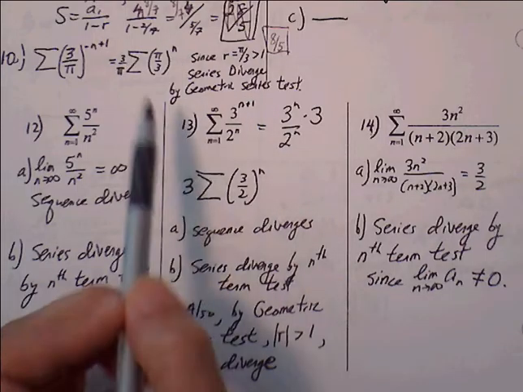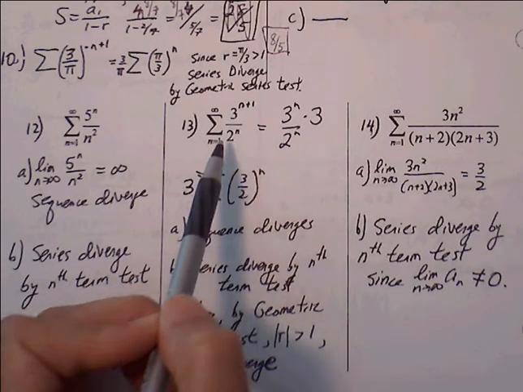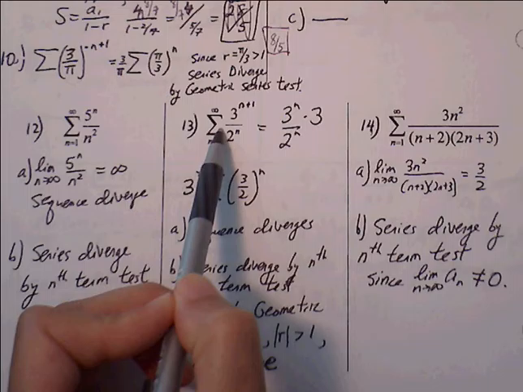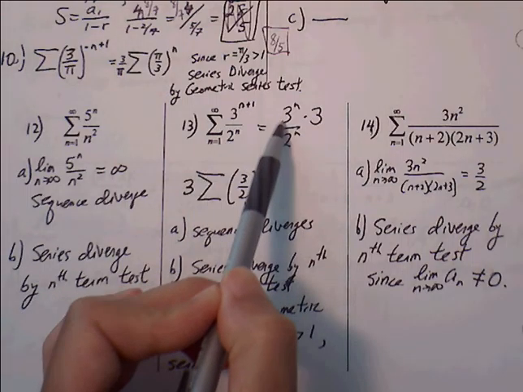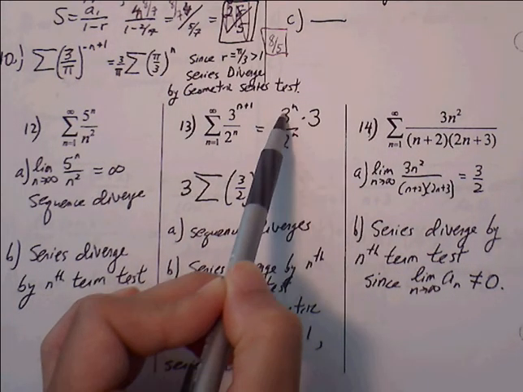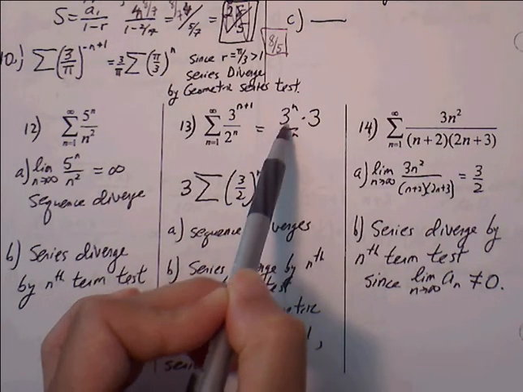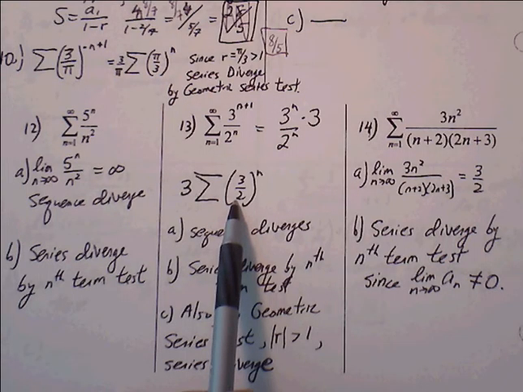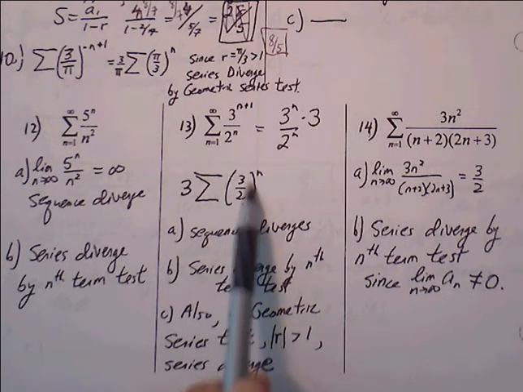Number 13, we have 3 to the n plus 1 over 2 to the n. I can expand the 3 to the n plus 1 as 3 to the n times 3 to the first power. I can put this as 3 over 2 raised to the nth power, and factor out the 3. Now notice that this is in the form of a geometric series that diverges because we have a ratio greater than 1.